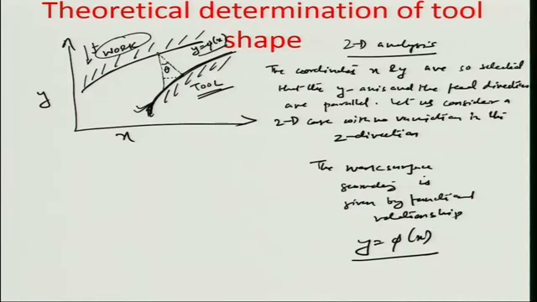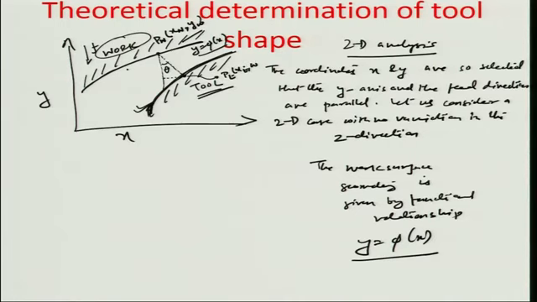Further, let us assume a point P here in the workpiece, which we know as PW. W stands for work, and the coordinates therein are known to be xw, yw. Okay. So we want to predict the corresponding point on the tool, its coordinates, and the relationship between the same. Let us say the corresponding point on the tool, which is a reflection of the PW here, we call this PT, represented by coordinates xt, yt.